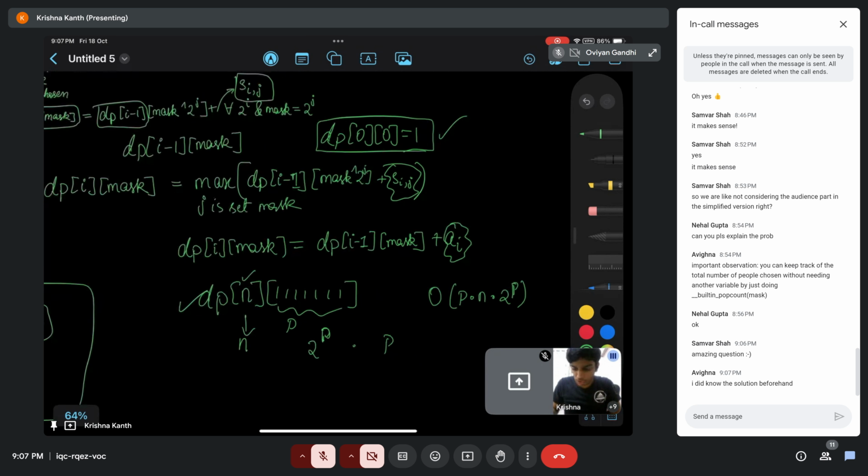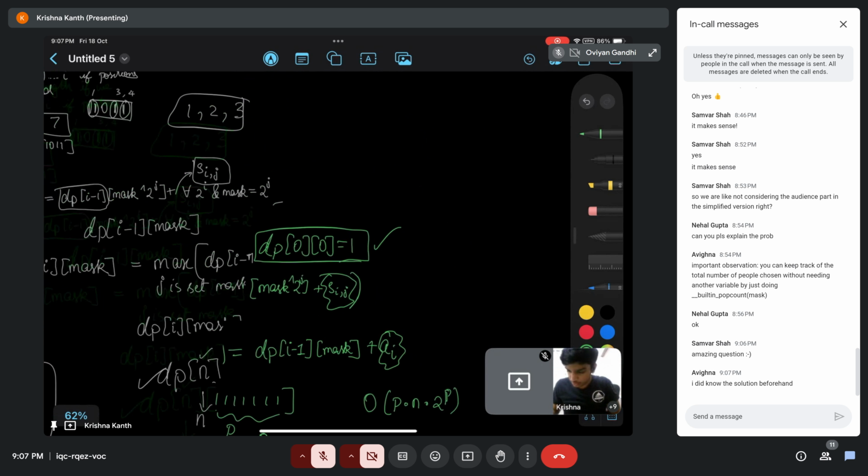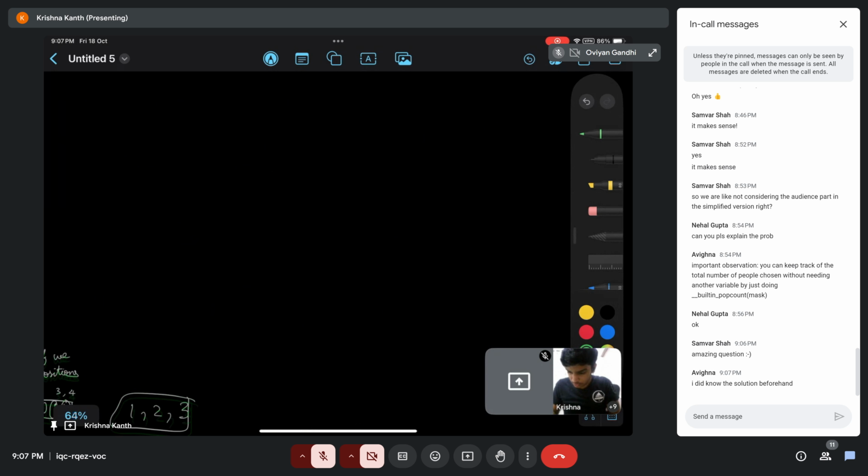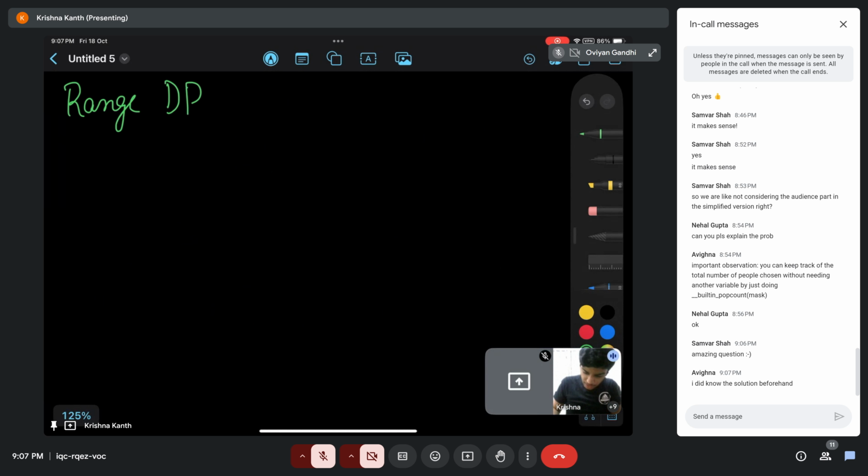Now we can move on to range DP. Range DP is also very nice. Basically, in the DP states, instead of having subsets, you have continuous ranges of the array. You solve the problem for the range based on smaller ranges that are contained inside the range, and you add the answer. It's very analogous to Bitmask DP.